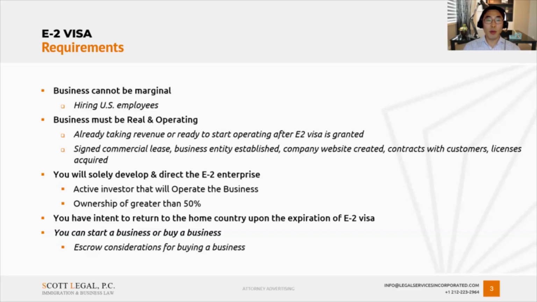When you're considering buying an existing business, you should consider that the business already has a good number of employees. The reason is that having existing employees before your visa application is submitted is a really good plus point. And when you buy an existing business, you can set up an escrow arrangement, which is really good protection for your transaction.